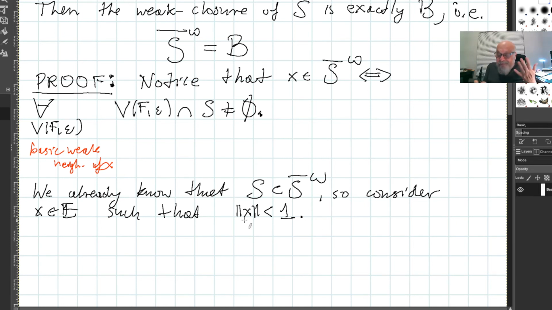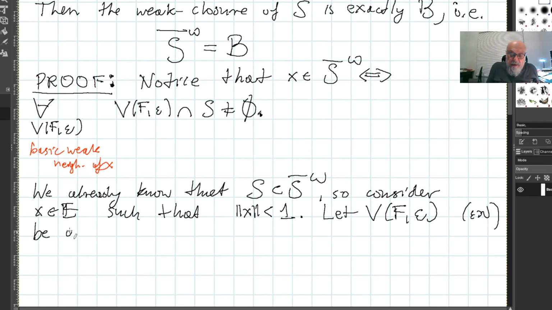In such a case, let V_{F,epsilon}, here epsilon larger than 0, be a basic weak neighborhood of x.